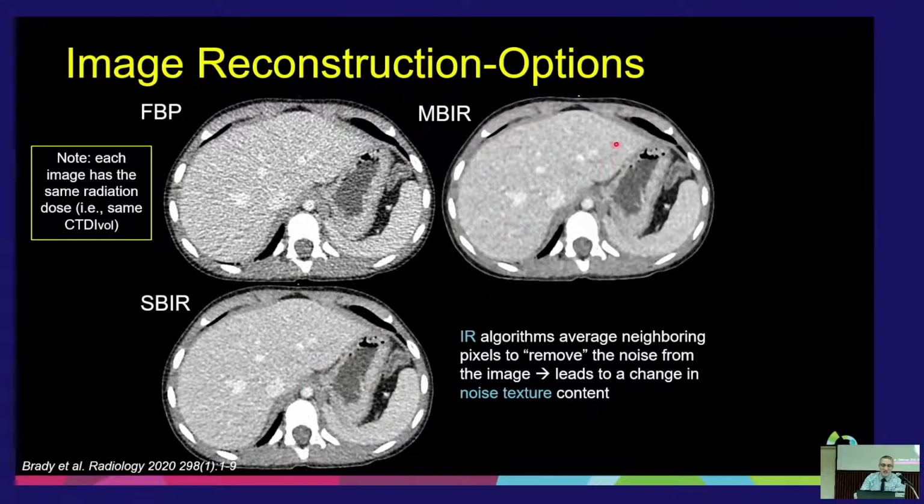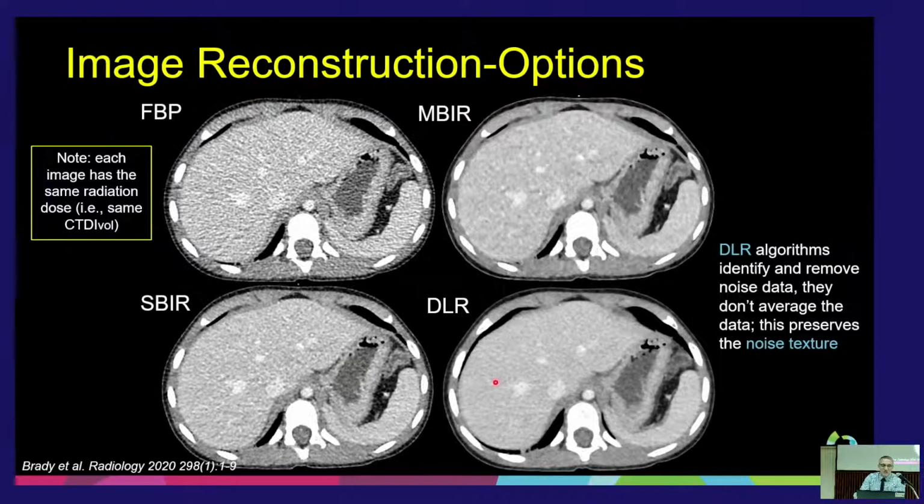The texture changes. Now with deep learning reconstruction, it removes the noise very much in line with the different iterative reconstruction options, much less noisy than filter back projection, but the texture, the way the image looks, is a little more like iterative reconstruction because the edges are a little stronger, a little sharper.